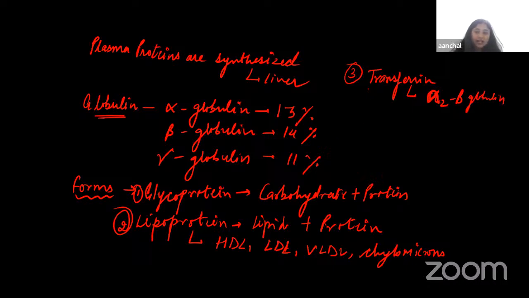Okay. And why is this transferrin very important? Because it regulates and controls iron absorption from the GIT. That is why it is very important. Okay. And also it protects against iron intoxication.